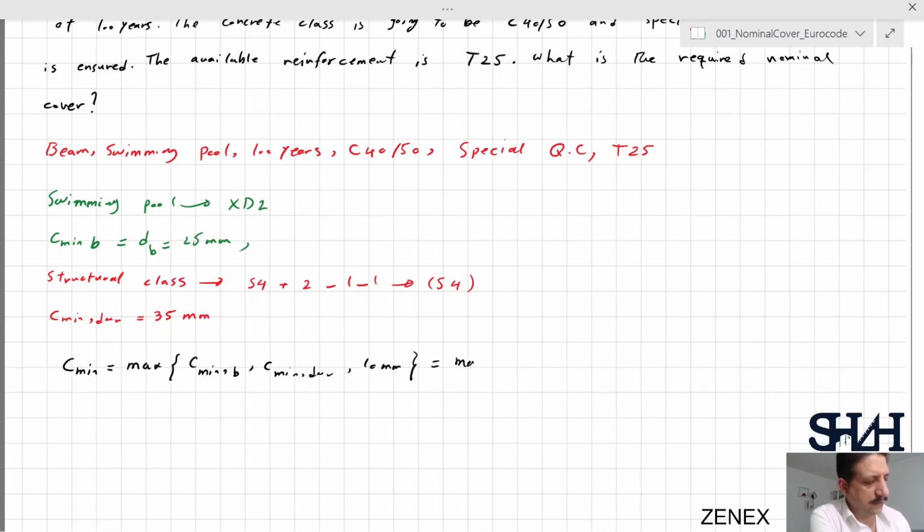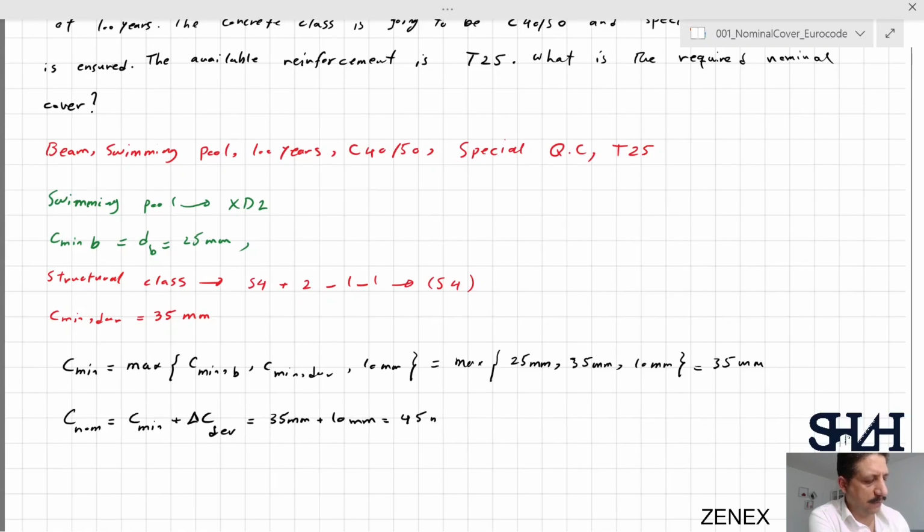So it will be the maximum of 25 millimeter, 35 millimeter and 10 millimeter, which is 35 millimeter. Now C nominal is C minimum plus delta C deviation, which is 10 millimeter. So 35 millimeter plus 10 millimeter will be 45.